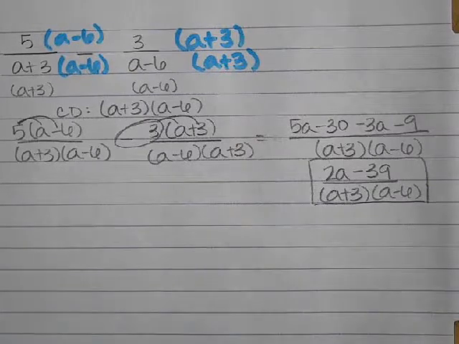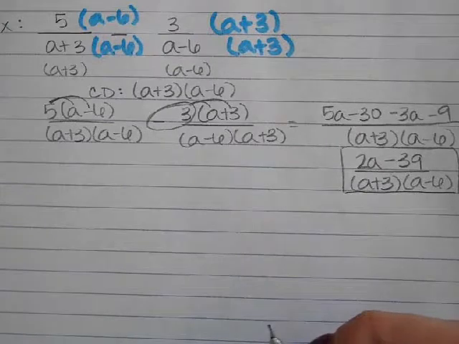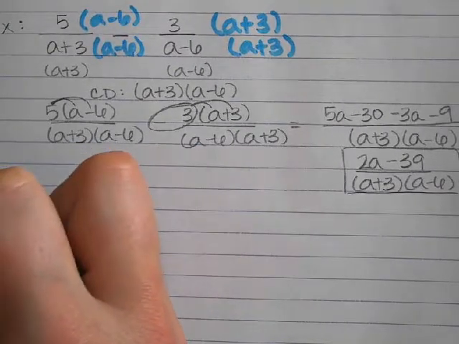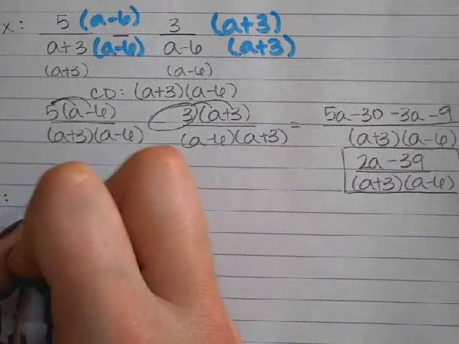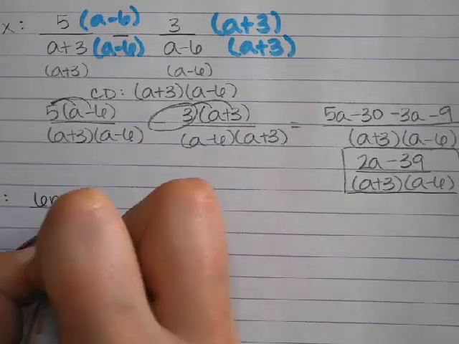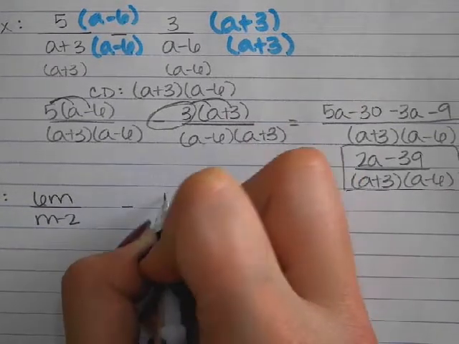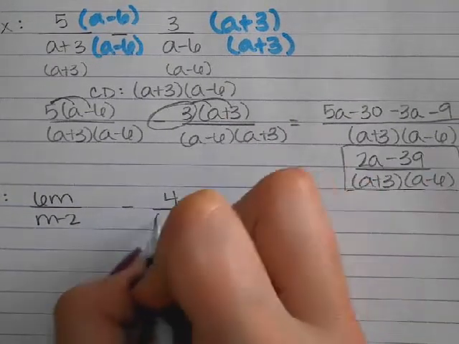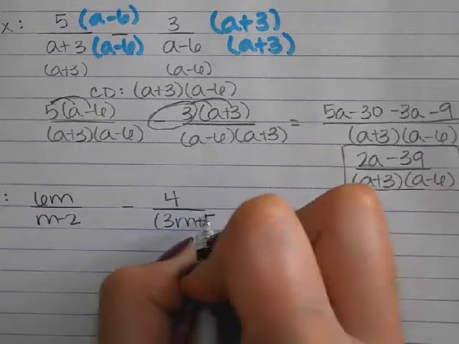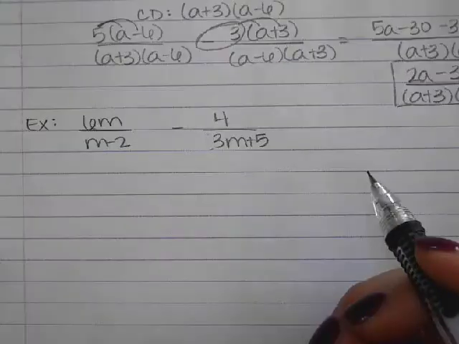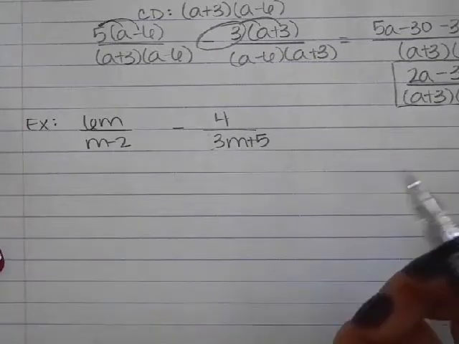All right, we're going to go ahead and do one last problem. So if we have 6m over m minus 2 minus 4 over 3m plus 5, then this is kind of like the previous problem.